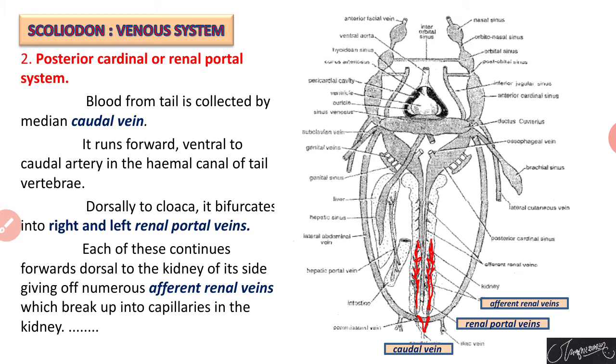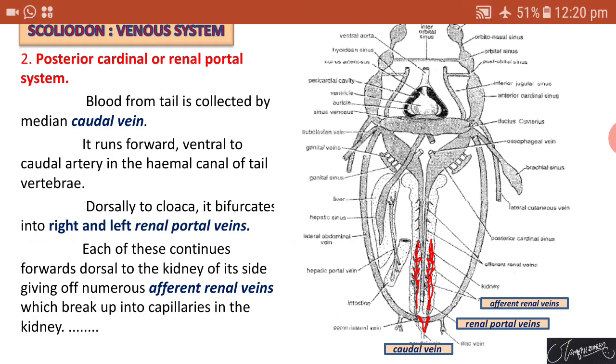Then about the second part of the venous system, posterior cardinal or renal portal system. By the name, we can understand that this is the system of the veins, or blood vessels, which collects the blood from the posterior side, and renal, that is the kidney portion of the body.